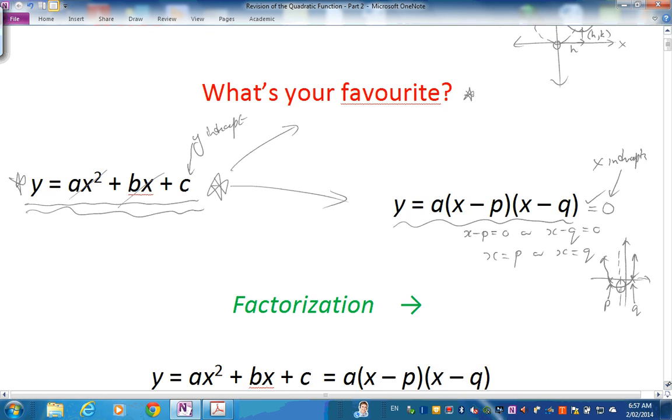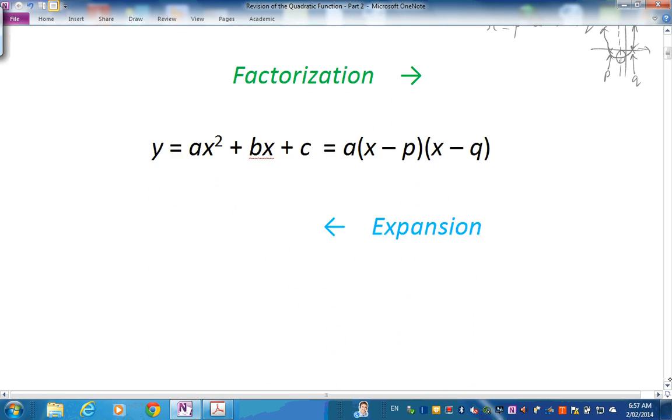Okay, let's have a look at doing that now. So, factorization is taking the expanded form and putting it in a factorized form. It just doesn't always work for all functions. You might have already seen that, and there's another little technique that we can use.